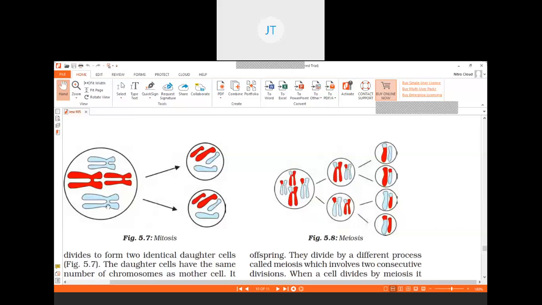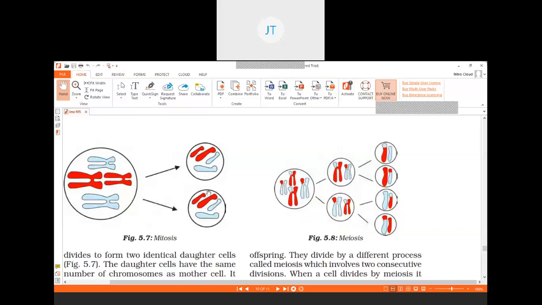You can see the identity: both the daughter cells and the mother cell have the same composition of chromosomes. No change is there between them.